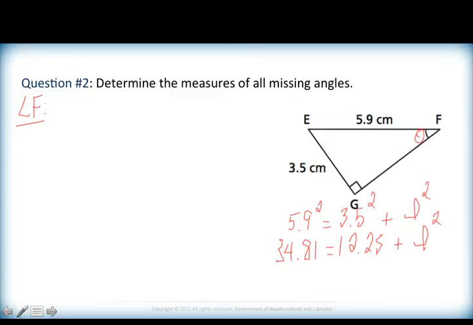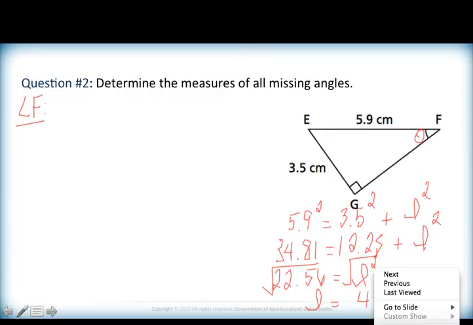And now we have to subtract both sides with 12.25. And that will result in 22.56. And that will equal our leg squared. We're going to take the square root of both sides. And we're going to get a leg approximately equal to 4.7 centimeters.